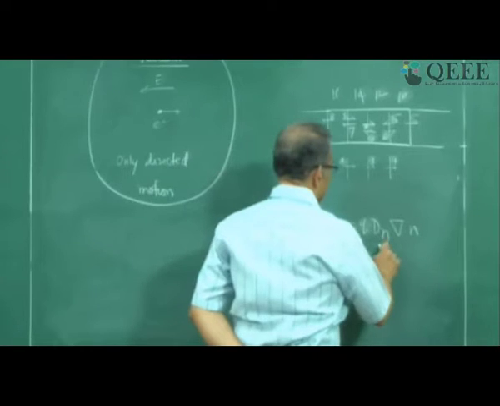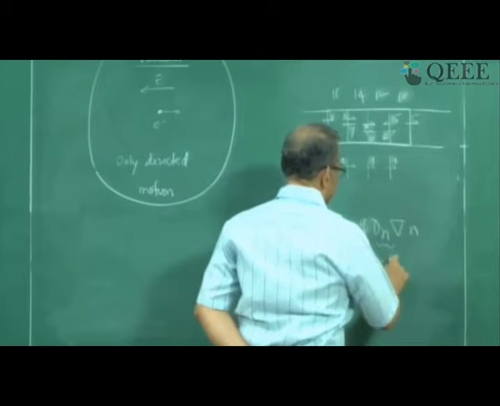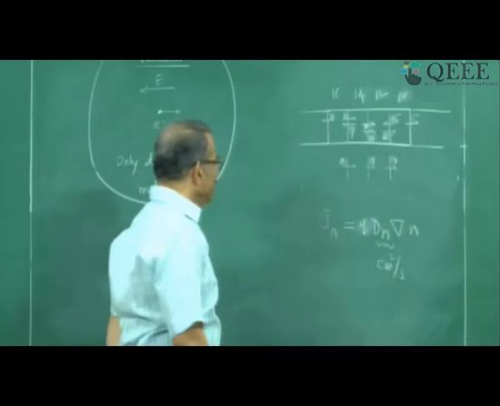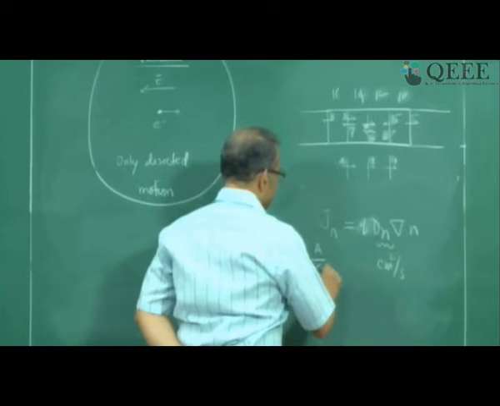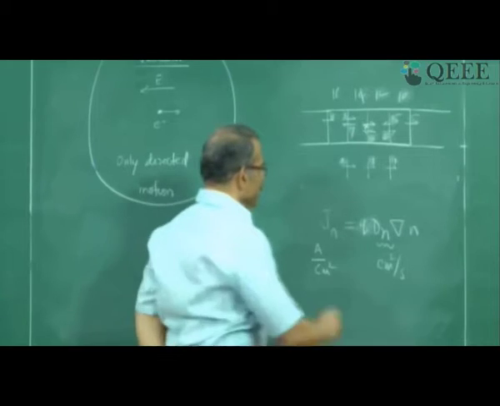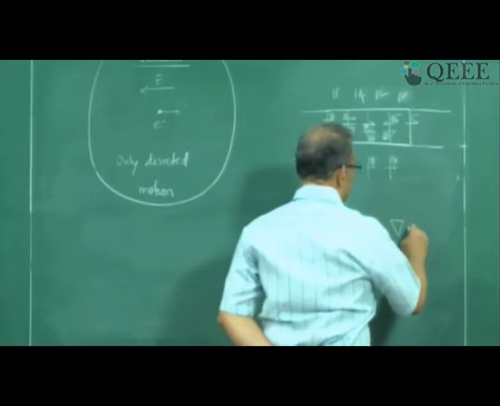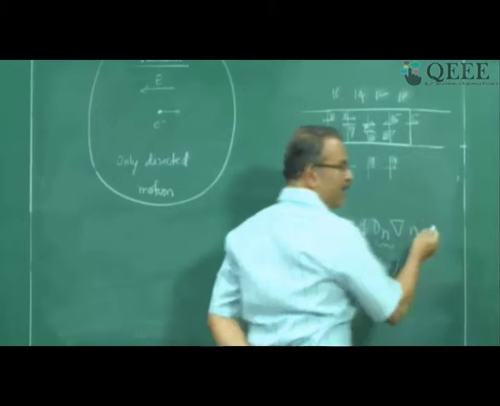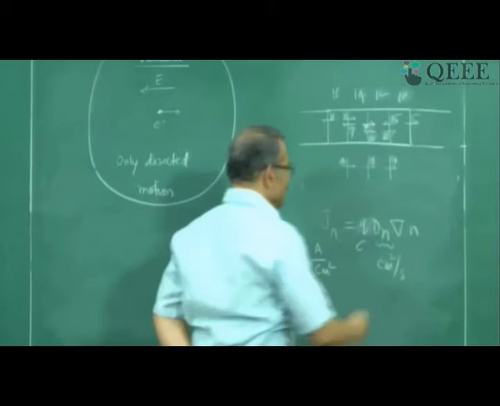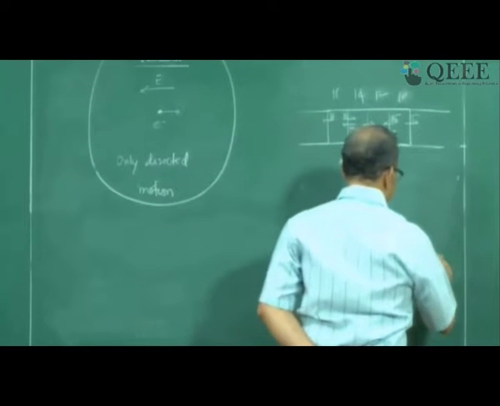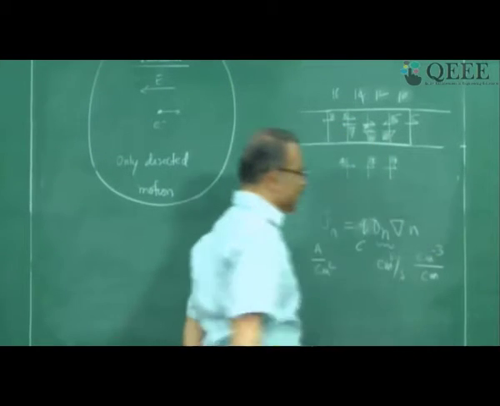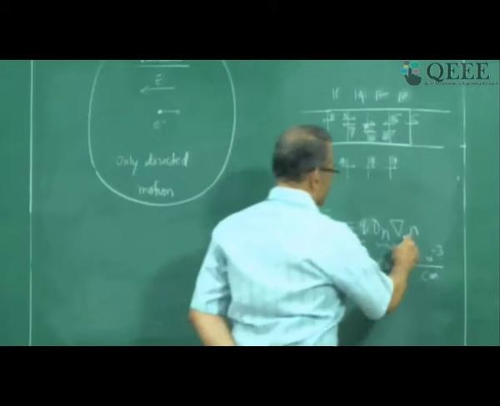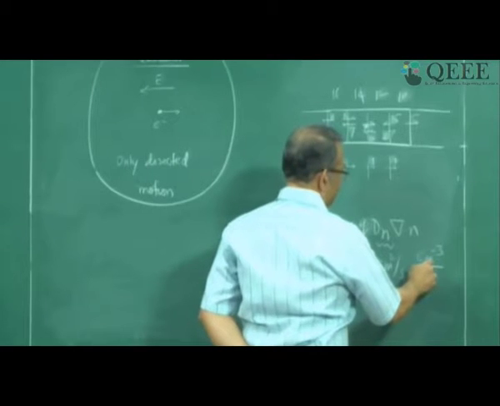Evidently the unit of Dn will be centimeter square per second. Why? Because Jn is current density, which is ampere per centimeter square. Q is coulomb, and gradient of n is dn by dx in one dimension. So dn by dx means per centimeter cube by dx centimeter. So gradient of n has this dimension.